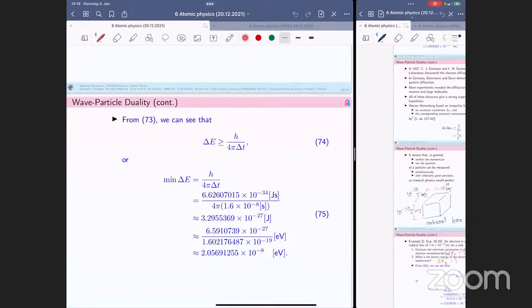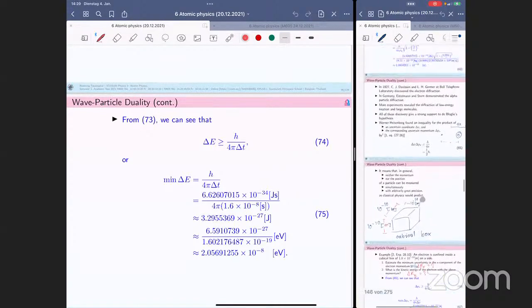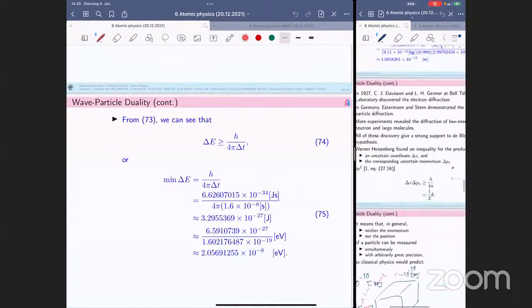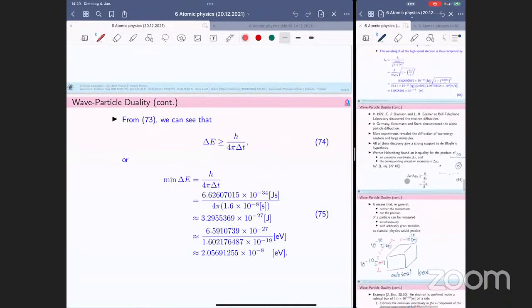Let's continue our lecture right now. You have seen the Werner Heisenberg uncertainty principle, right? In terms of the coordinate along the x-axis, which is delta x, and the uncertainty of the momentum along the x-axis, which is denoted by delta px.